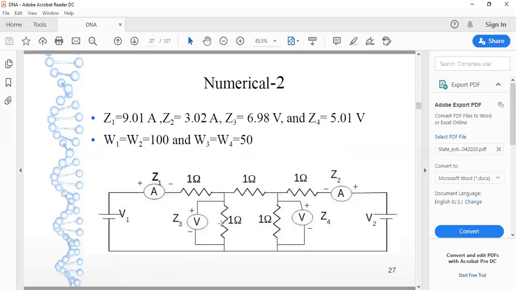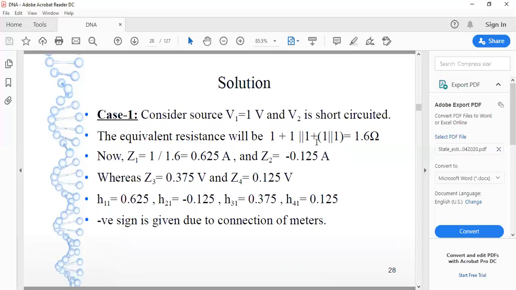These two are also in series with this 1 ohm resistance. So the aggregate is 1 plus 1 parallel 1 plus 1 parallel 1. If we resolve this, we get R equivalent equal to 1.6.